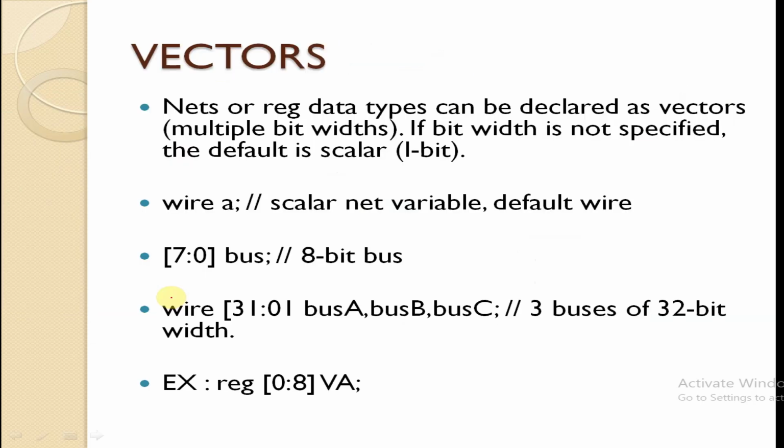Now coming to vectors. Please concentrate on this topic, because we get more confusion in vectors. Let me take an example here. For example, if we have 4'b0001, what does this physically mean?